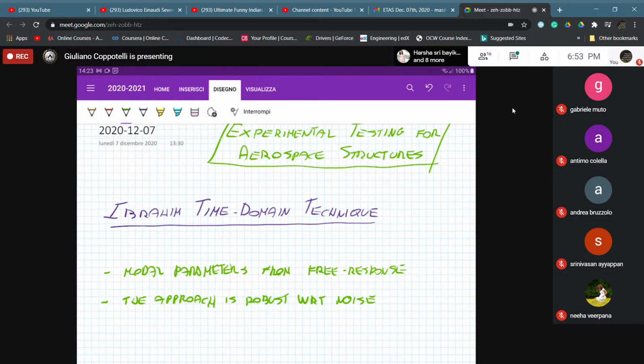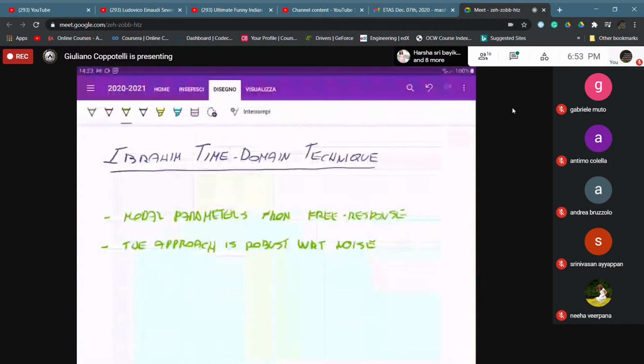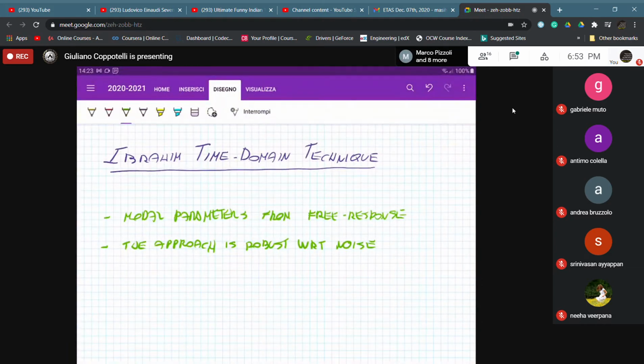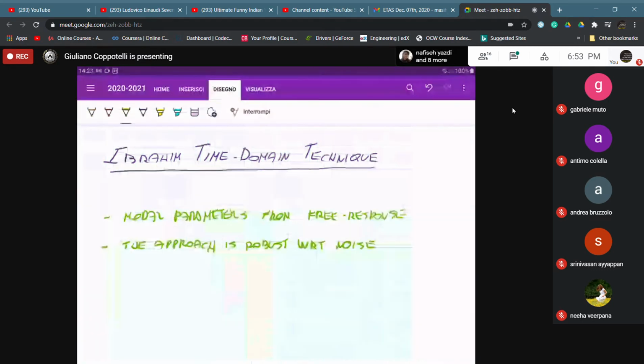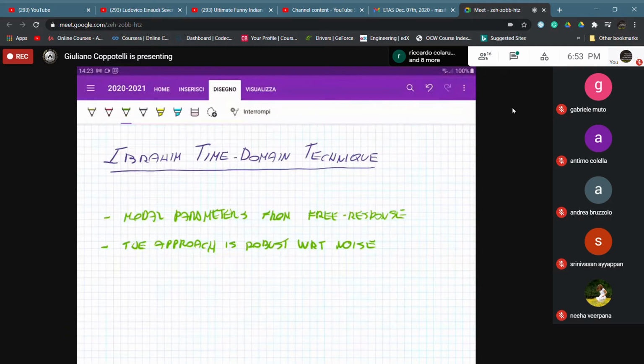However, please remember that once you have estimated your frequency response function using the H1, H2, or HD estimator, then you can go back in time domain, and therefore you have the impulse response function, which is equivalent, as we already discussed, to a free response. So you can use your Ibrahim time domain technique regardless of the type of excitation signal.